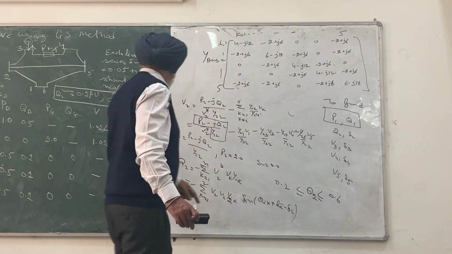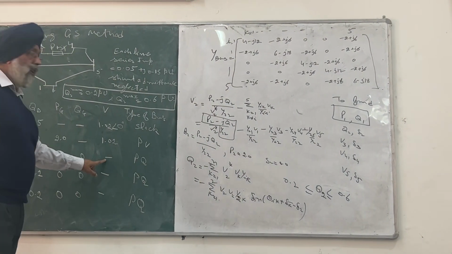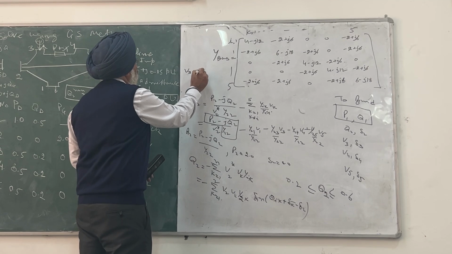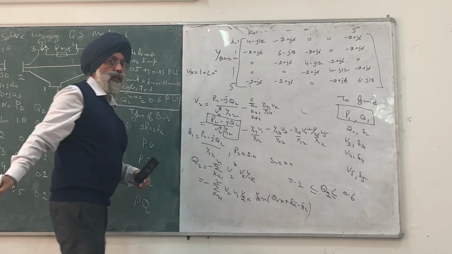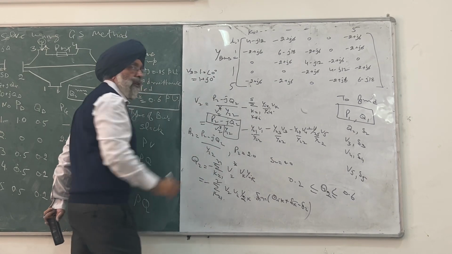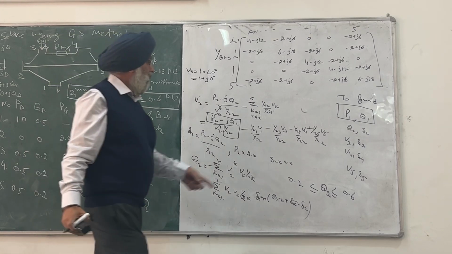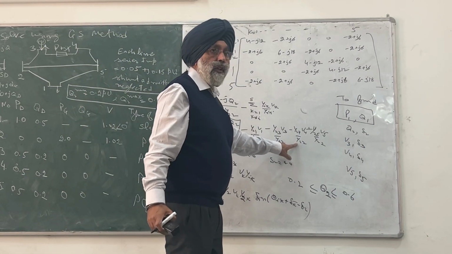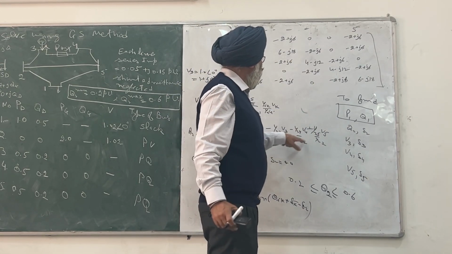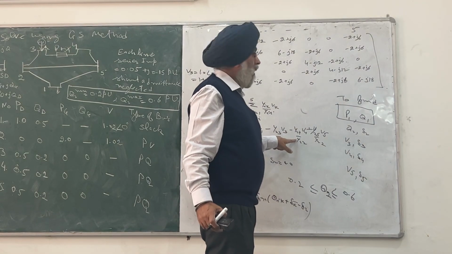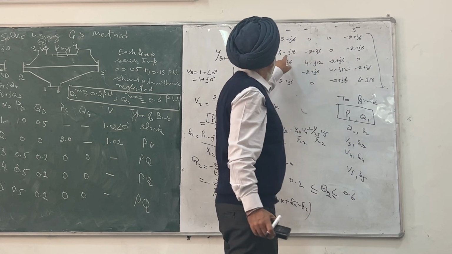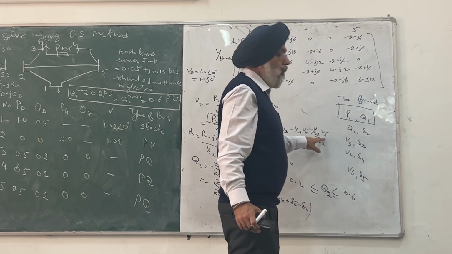The value of V3 is not given, so you have to assume V3 as 1 angle 0, or you can take this as 1 plus J 0. Similarly V4: Y24 is 0, so this term becomes 0. Then Y25 with Y22 you have. Then V5 is 0.